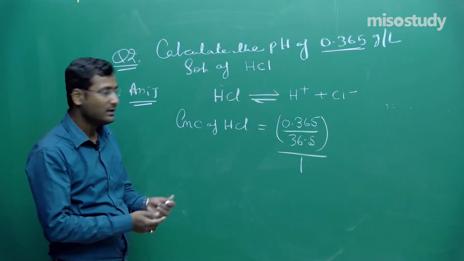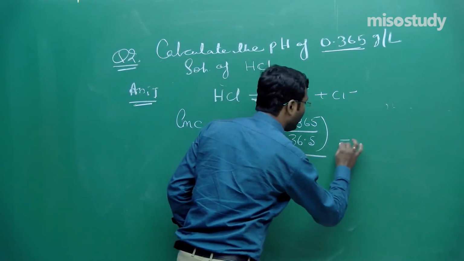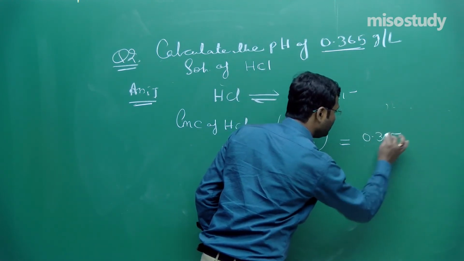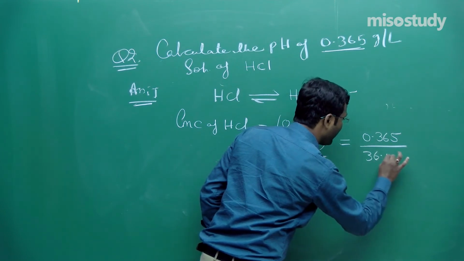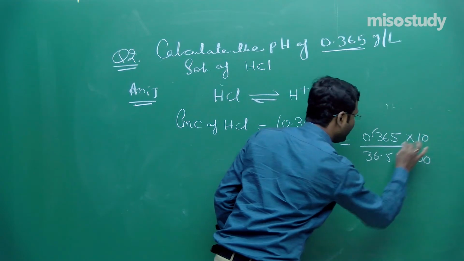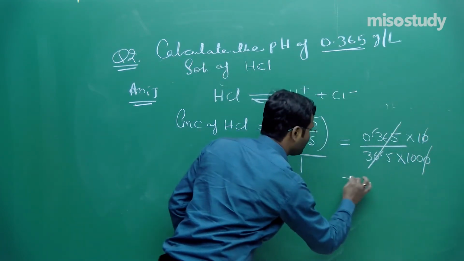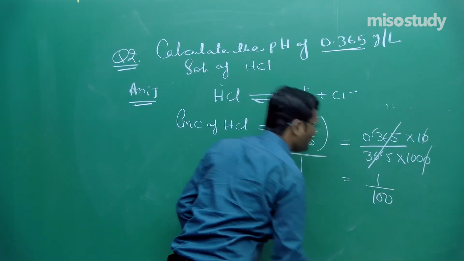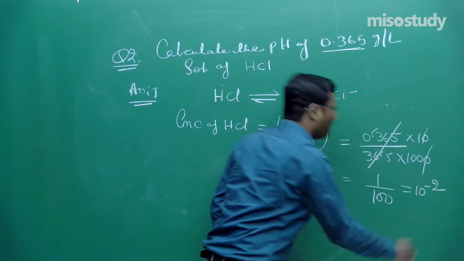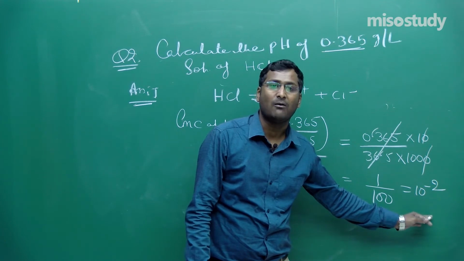Now solving: 0.365 upon 36.5. This cancels, and the concentration is 1 upon 100, which you can write as 10 to the power minus 2. Got it? The concentration of HCl is 10 to the power minus 2.